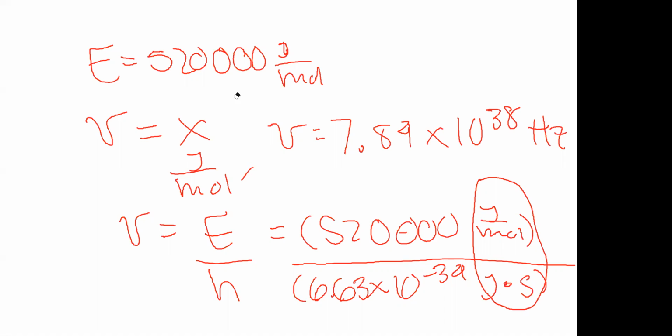Let's leave it like that: 1 over joules per second. So the joules are going to cancel out, right? The moles, are they going to cancel out? So it's just per mole times second, so we'll have hertz per mole. If I'm not mistaken, I think it would be hertz over mole. Okay, so hertz over mole.